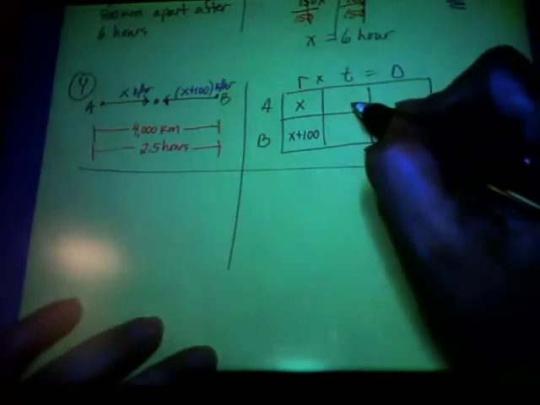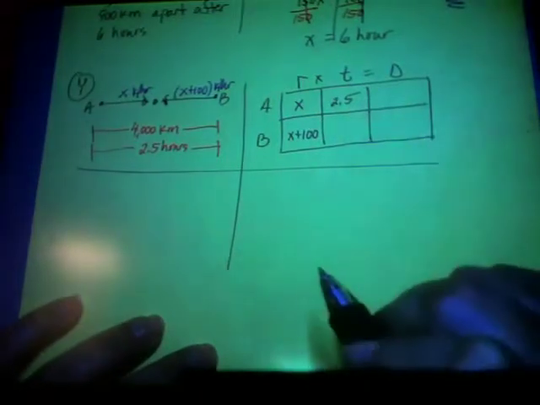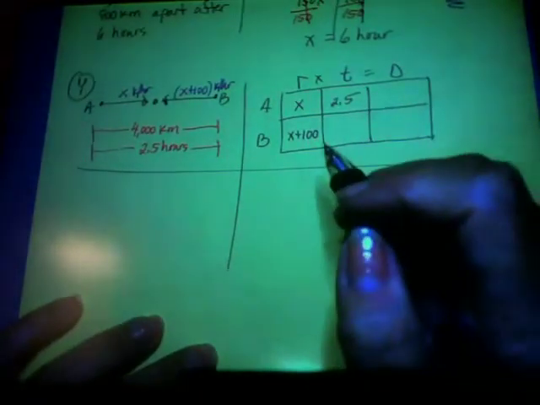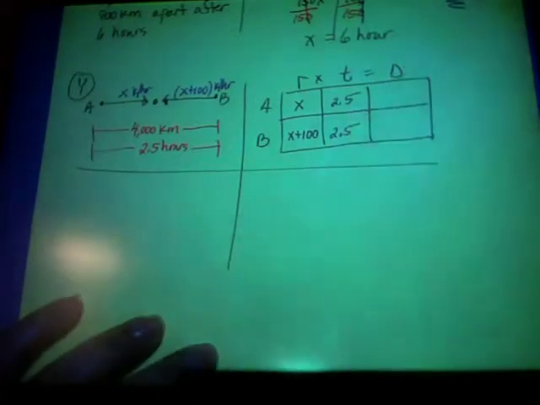Do I know how long jet A flew? 2.5 hours. And do I know how long jet B flew? Same or different? Same. 2.5 hours. So those are the same. And then remember, you're going to calculate this column right there.